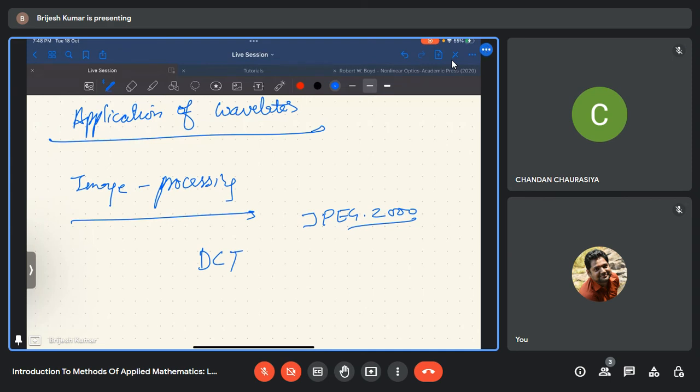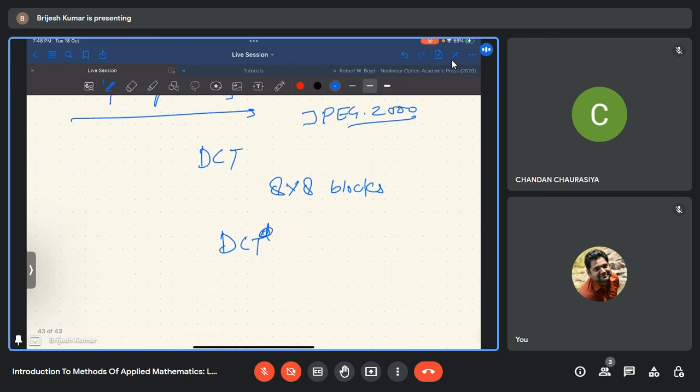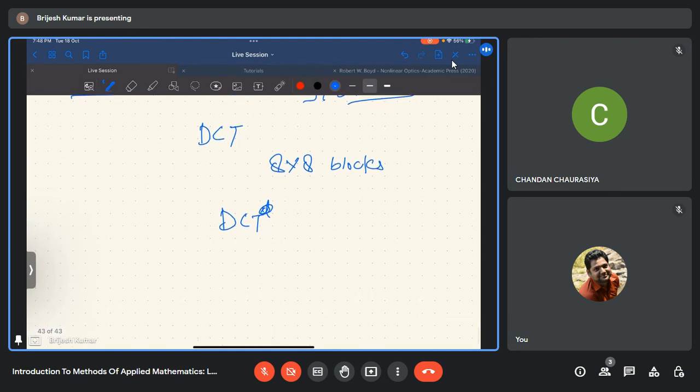This standard divides the original image into 8 by 8 blocks, does the DCT, and uses different quantization tables for luminance and chrominance. So we get a good compression ratio and maintain the quality of the original image.